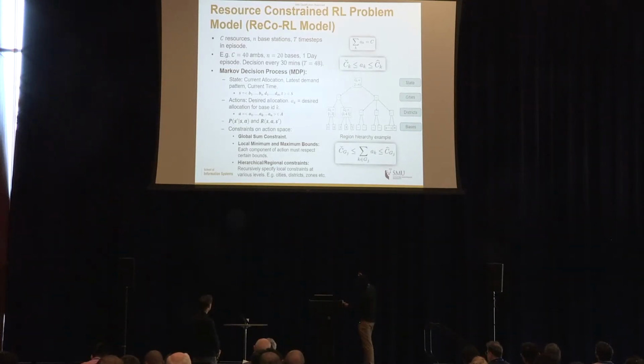So at the first level, you can have a differentiable constraints handling layer which can allocate the number of resources which need to be assigned to Berkeley and the number of resources which need to be assigned to Oakland. And then once you have the resources which need to be assigned to Berkeley, then at the district level, you can keep carrying out the same process. So you can build this computation graph by recursively nesting these modules.